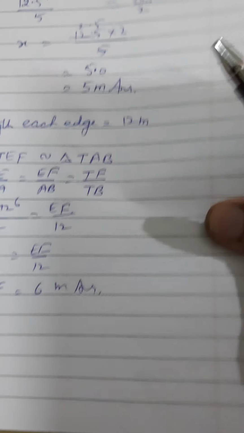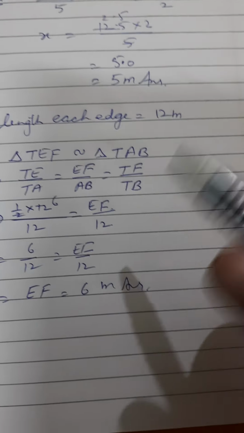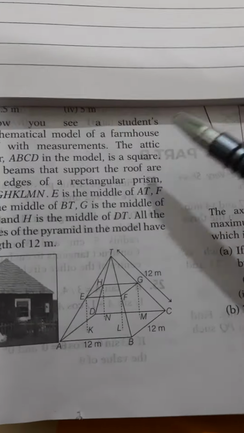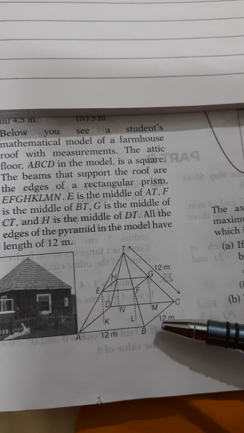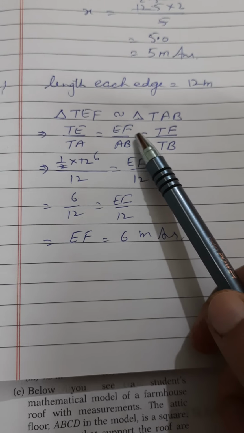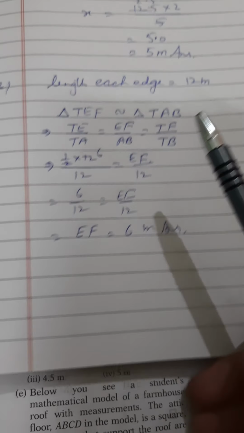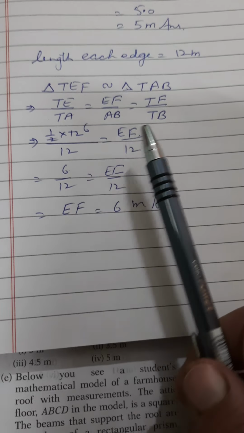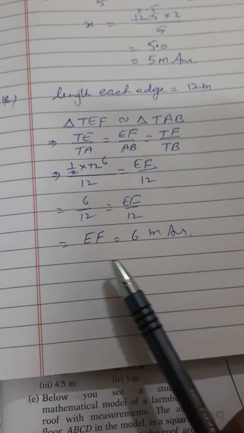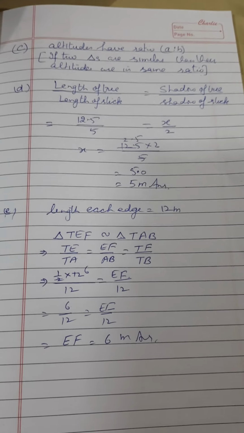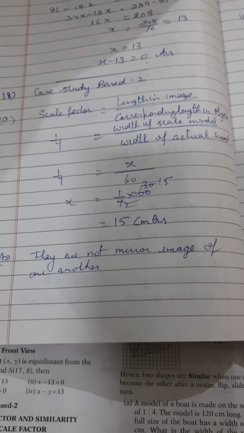Now see here, triangle TEF is similar to triangle TAB. Then TE by TA is equal to EF by AB is equal to TF by TB. Now by applying the values, we get the value of EF is equal to 6 meters. This is the solution of question number 18.